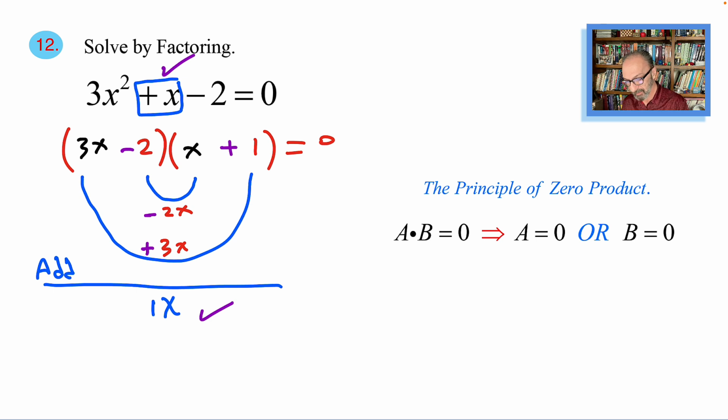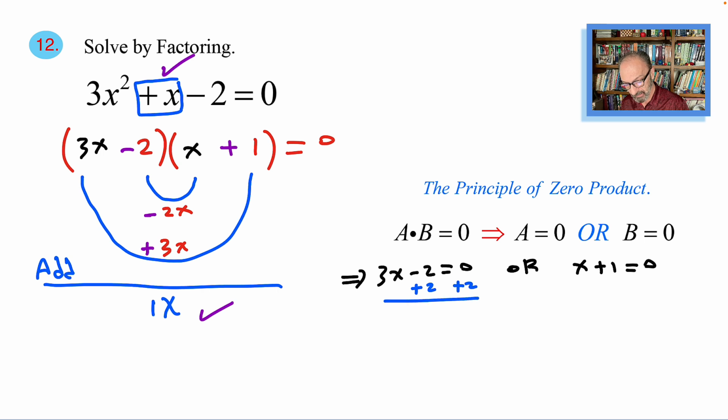With the principle of zero product, that implies that we have 3x minus 2 equals 0, or x plus 1 equals 0. We could add 2 to both sides. In this case, we have 3x equals 2.